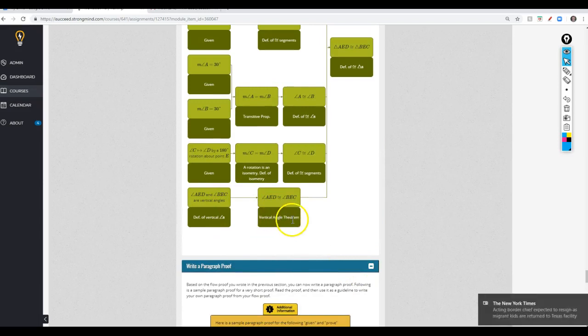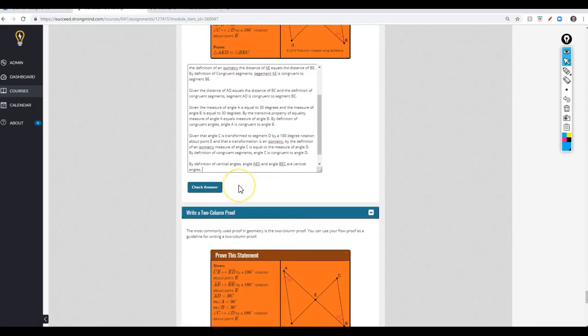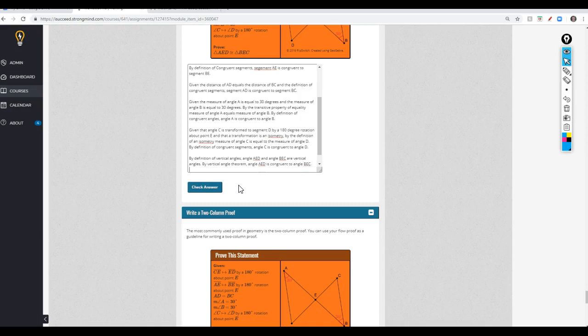By the vertical angle theorem, then we know that angle AED is congruent to angle BEC. So by vertical angle theorem, angle AED is congruent to angle BEC.